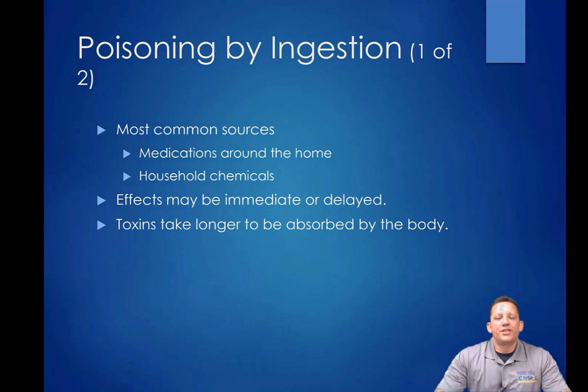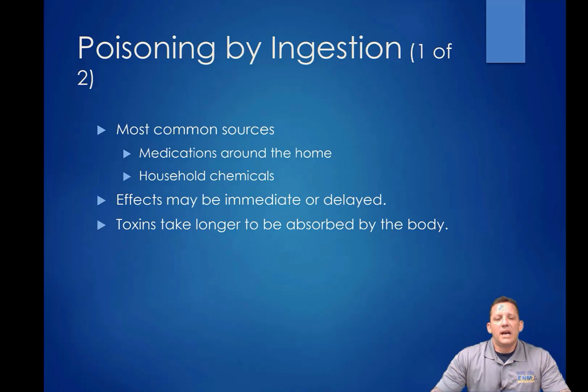So, poisoning by ingestion. The most common sources of poisoning by ingestion would be medications around the home, and we're talking about some of the over-the-counter medications, which could be as simple as an antacid pill. You can actually take too many of those tablets and cause an electrolyte imbalance and some other issues in the body, which would change your acid-base balance.